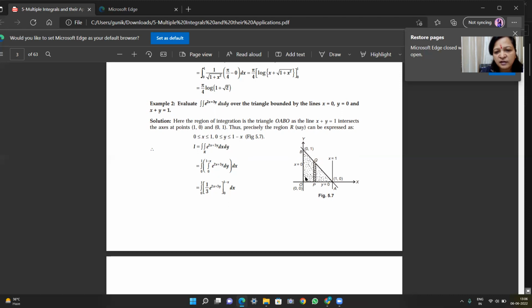So we can see here that x varies from 0 to 1 and y varies from 0 to 1 minus x.